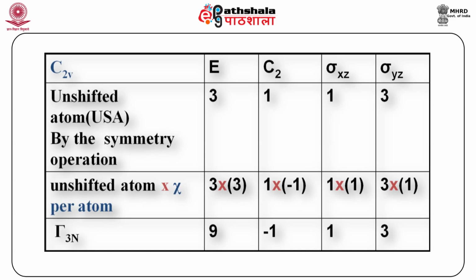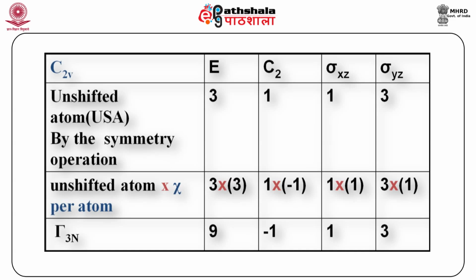Now I multiply these unshifted atoms by the character of the 3 Cartesian coordinates, taking the 3 Cartesian coordinates as a basis. For E, we have learned the character for 3 vectors is 3, so 3 into 3. Let us go to C2.